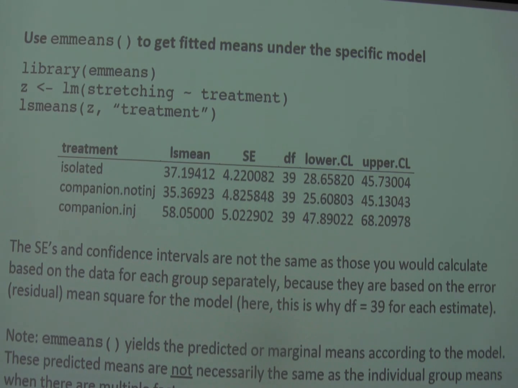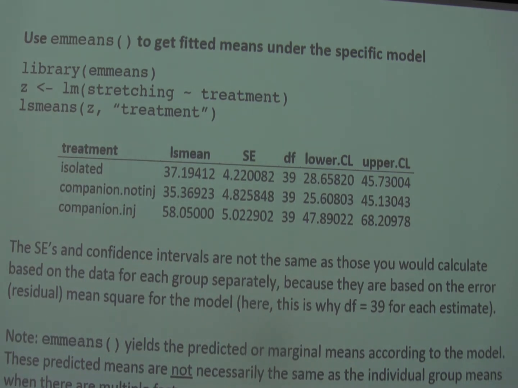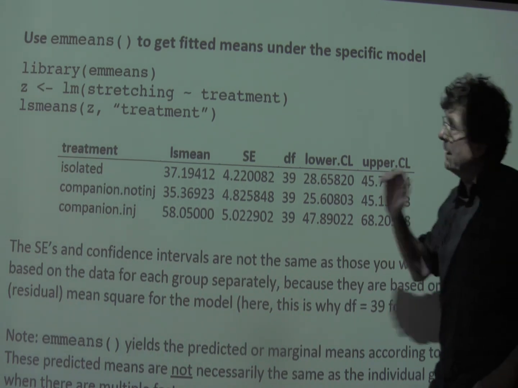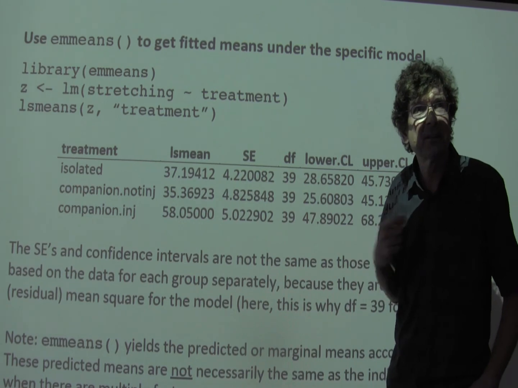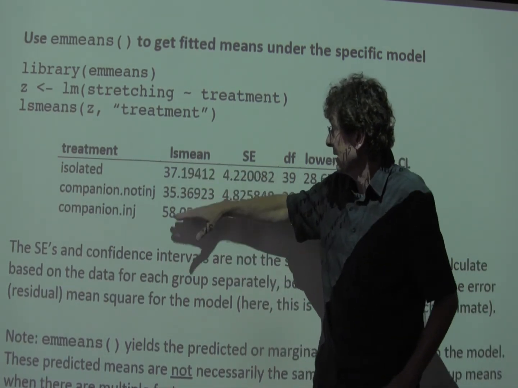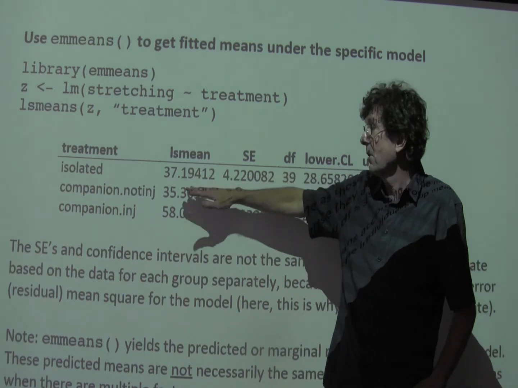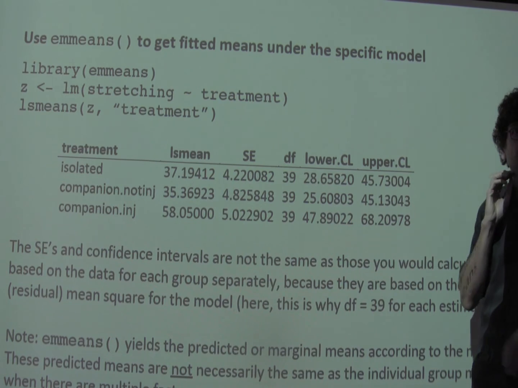Another package that I want to get you using is called emmeans. What emmeans does is, oops, that should be emmeans, the package changed its name in the last couple of years. What it's giving you is the least squares estimate of those means, along with standard errors, degrees of freedom, and confidence intervals.